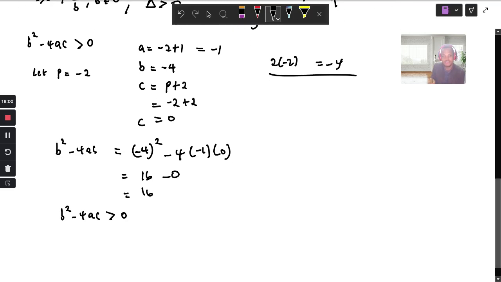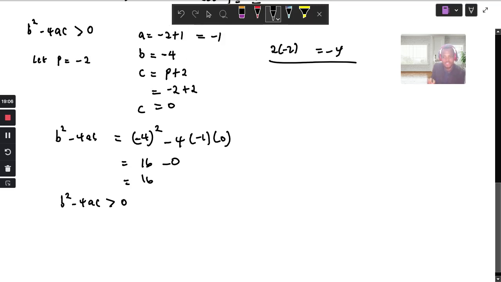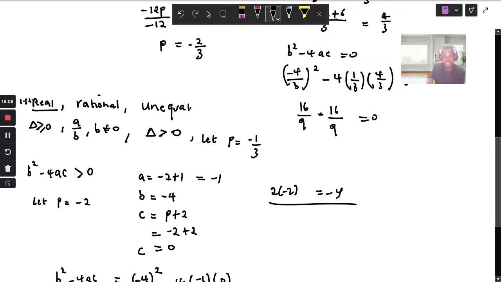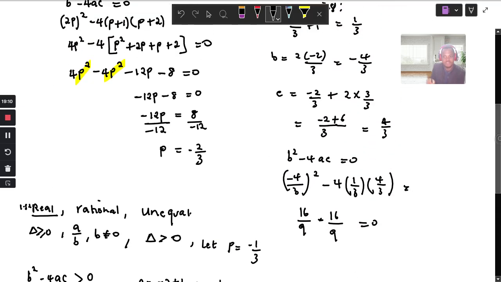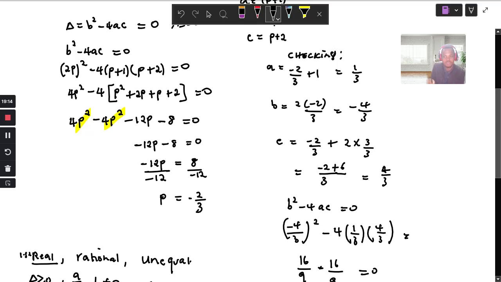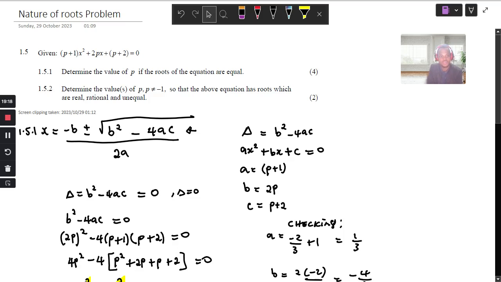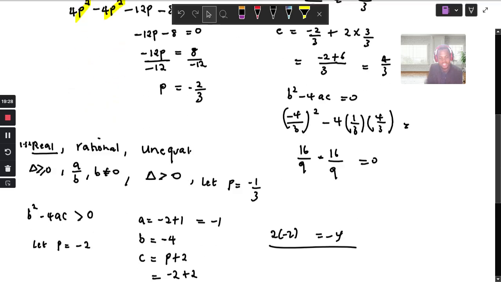So by default, I can write that if they say they want the values of p, because they want me to determine the values of p, but p should be different from minus 1 so that the above equation roots are real, rational, and equal.